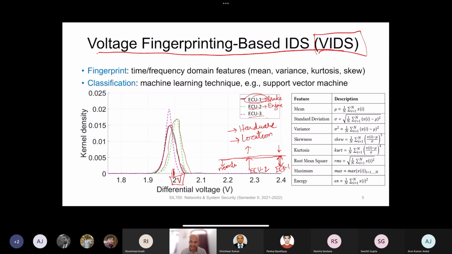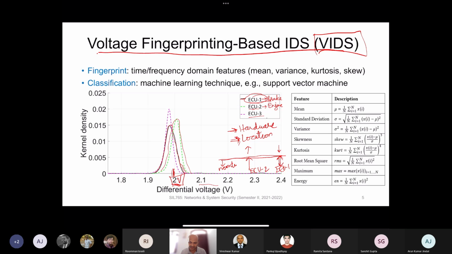And in this case, the voltage value that is varied is around 2 volt, and therefore on the x-axis we are showing these voltage values. In an ideal scenario you would have seen a spike at 2 volt, but you do not see a spike, you see a distribution because of many factors: hardware distortions, so the distortions related to the amplifier which actually changes the bits into the voltage, and the locations as well.